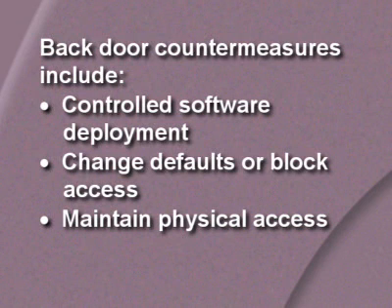For developer installed backdoors, you want to find them, disable, and maybe even change the default accounts and block access to these accounts except for legitimate users. And for device backdoors, you want to maintain and control physical access, because if they can't physically gain proximity to the device, those open ports for access will be protected.